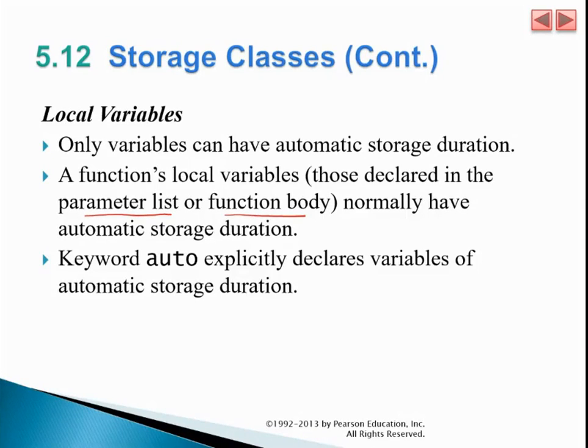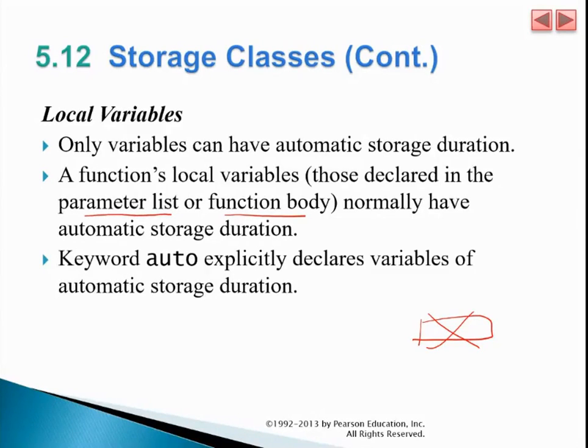I am right now not talking about scope, I am talking about storage duration. The storage duration of those local variables is that when we enter the function, those variables are created, and when we come out of the function, those variables are destroyed. So the creation and destruction happen very frequently in the case of local variables.